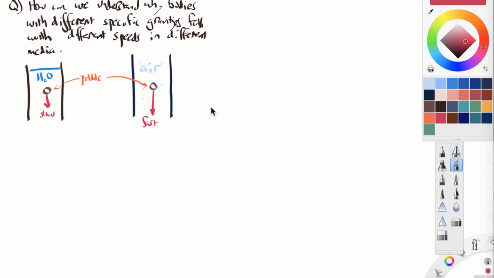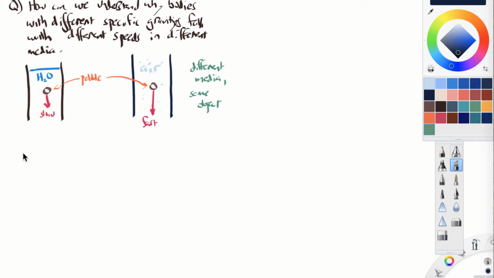Okay? So here is an example of a situation where we have different media, different surrounding substances, but the same object. The same object falling through different media. And we know from experience that the pebble will fall more quickly in air than in water.